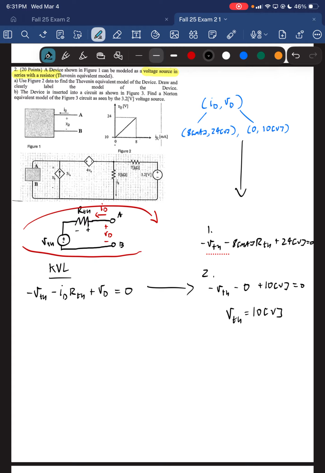I mean, granted, you can see that if there's 0 current going through this resistor, there's 0 volts across it, right? So this voltage has to be equal to that. That's a way you can think about it. But then again, you still have to take that 10 volts and solve for R Thevenin. Unless you have some way you could do it that you're thinking? 'Cause there might be a way.